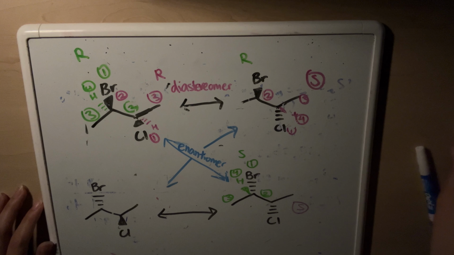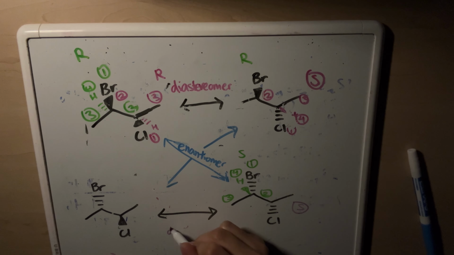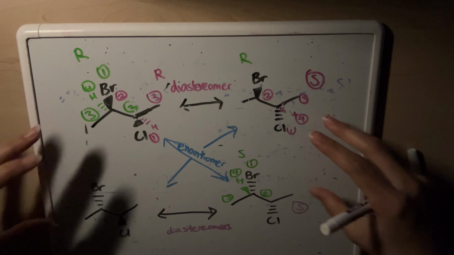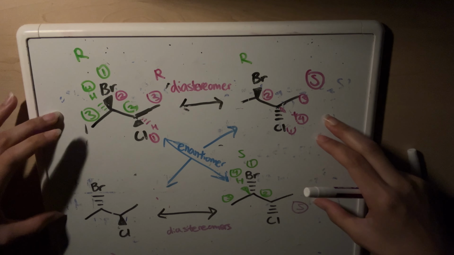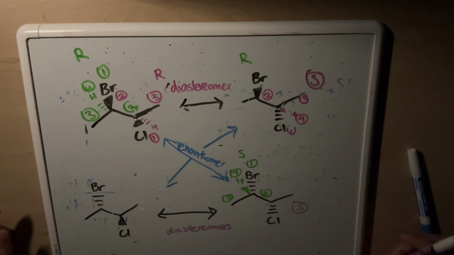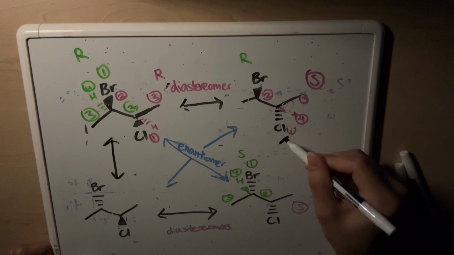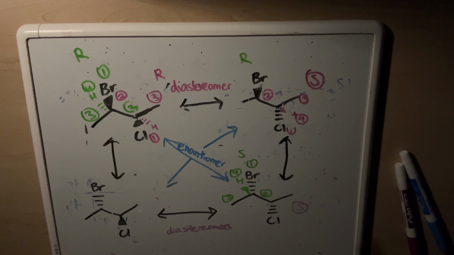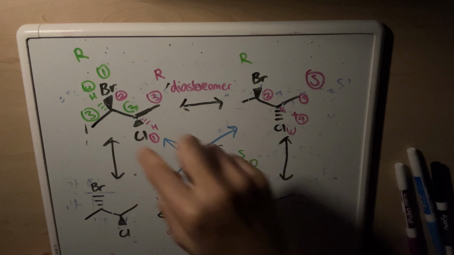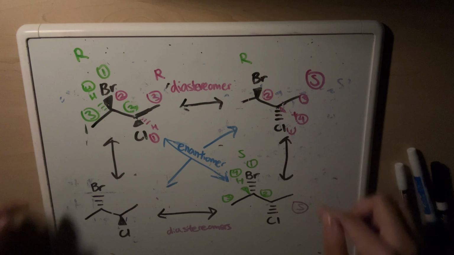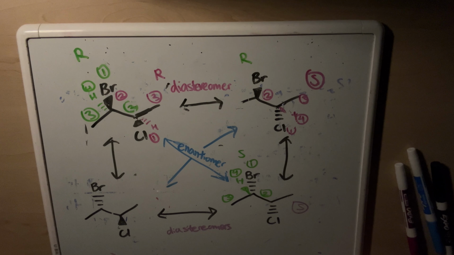So this means these two are diastereomers. And that means these two are also diastereomers because look, only one stereocenter changes. So we can see all these relationships in this. These diagonal molecules are all enantiomers, and these horizontal and vertical molecules, if that makes sense, are all diastereomers.